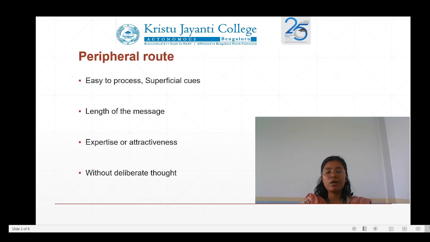Now another route according to the model is the peripheral route. So according to this particular route or approach to persuasion, this is when the person processes information based on the superficial cue or easy to process information, like the attractiveness of the messenger or the person who is trying to persuade, the expertise of the person or the credibility of the person, the length of the message rather than the logic or the argument behind.